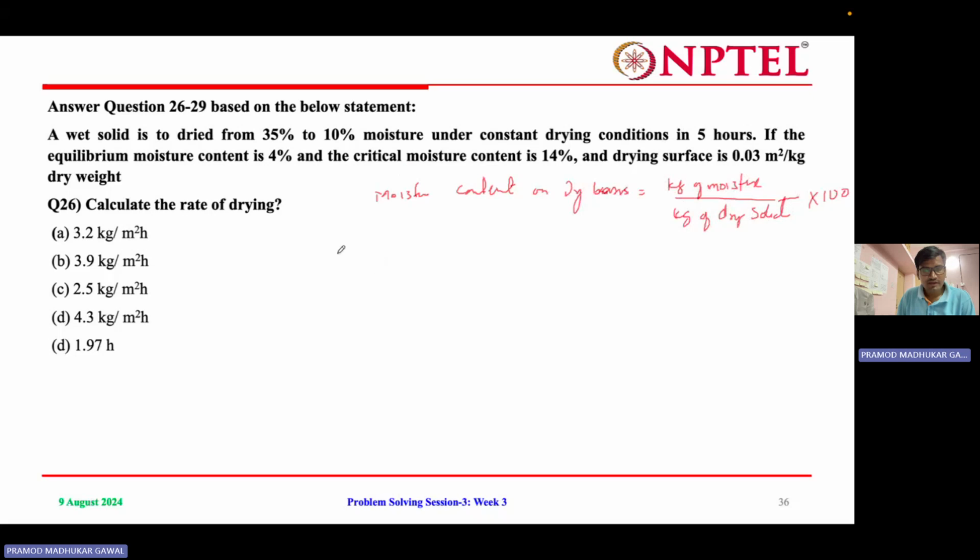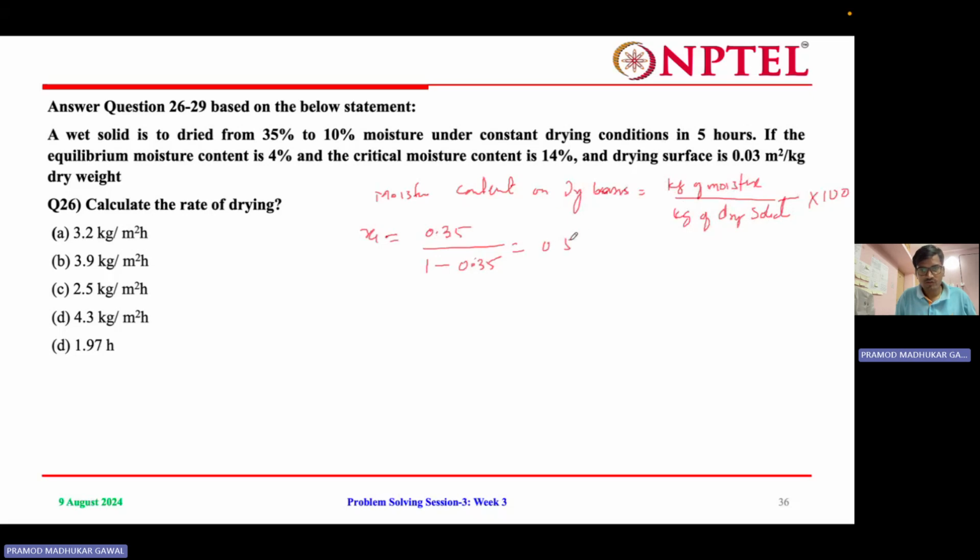So here Xi is equal to kg of moisture, here 0.35, over kg of dry solid, so 1 minus 0.35.